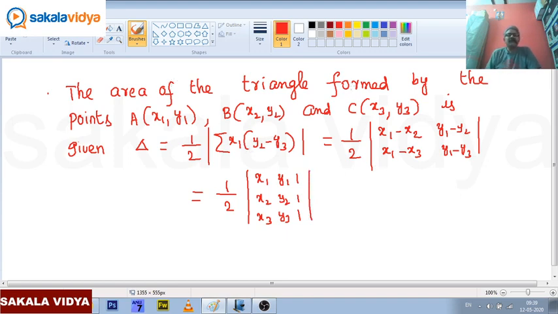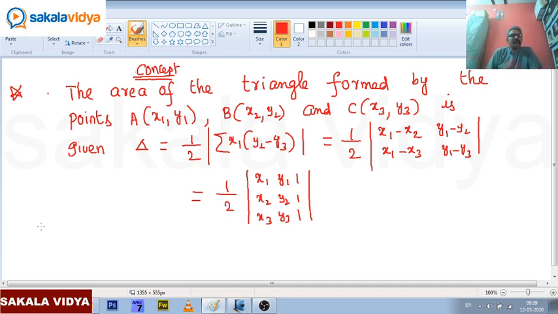That means area of the triangle, this is a very important point you remember. This is a concept you need to remember. The area of the triangle formed by the points A(x1, y1), B(x2, y2) and C(x3, y3) is given by these three formulae.